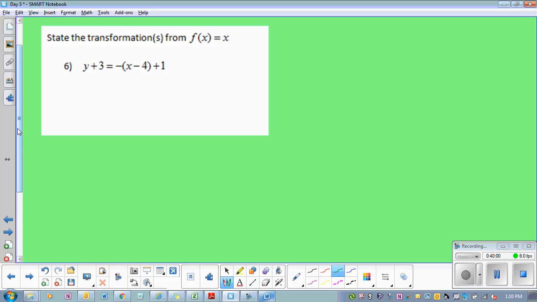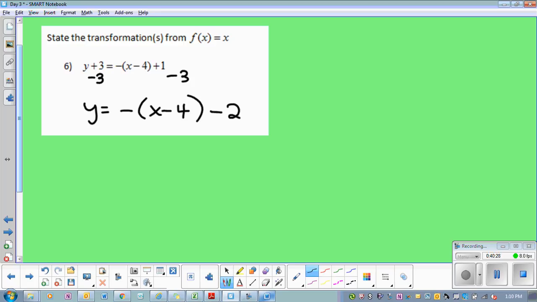So with this one, move this 3 over to the other side. Then you have y equals negative x minus 4. And then you can combine these two together. They're both on the outside. So plus 1 minus 3, -2. Right?